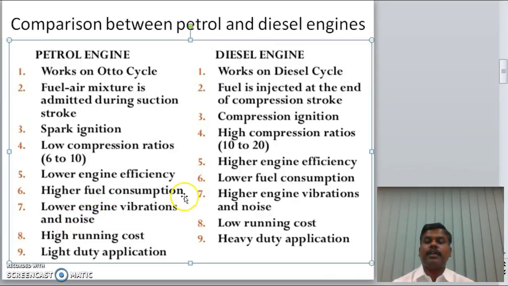You get a smoother ride on petrol engines, whereas you get somewhat higher vibrations in a diesel engine due to the higher compression ratio. The petrol engine has a higher running cost and maintenance cost, and is used for light duty applications. The diesel engine has a low running cost because of the fuel cost.